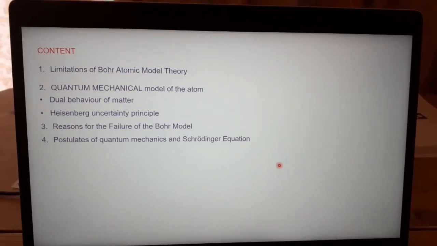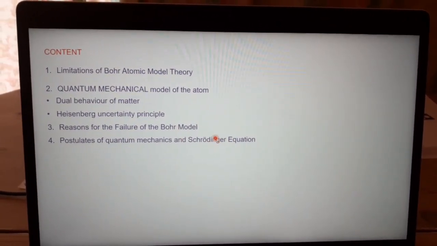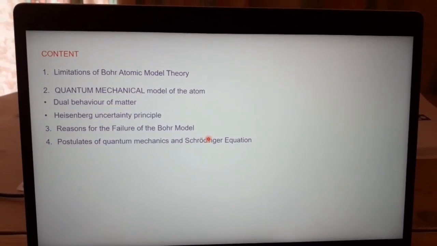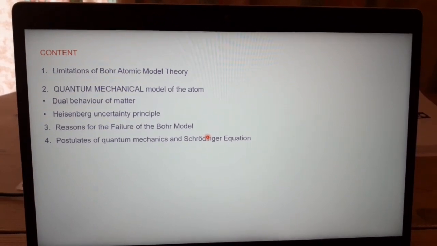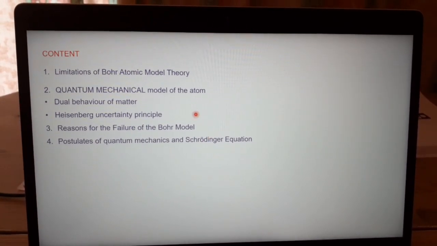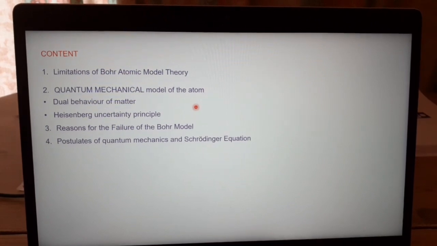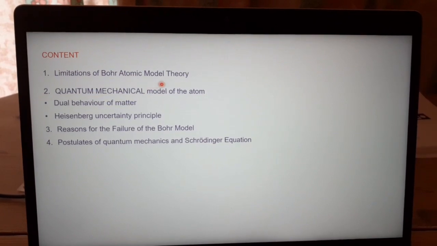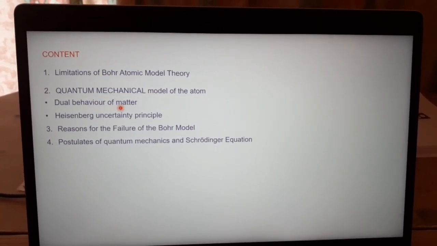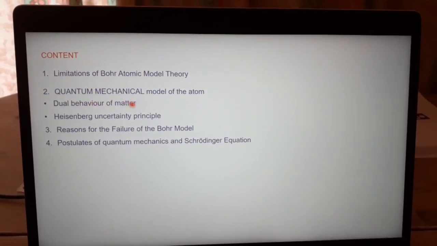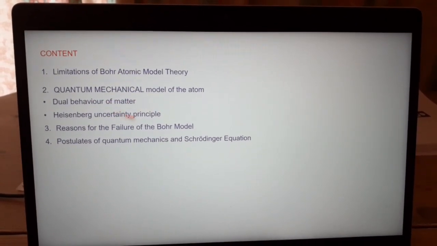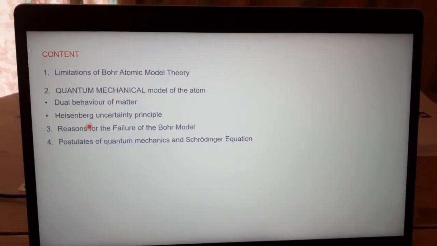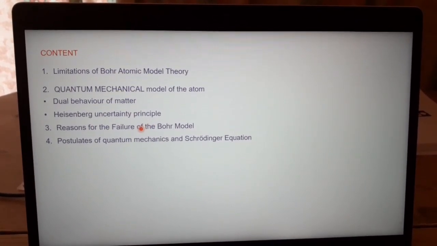So what is the content of this topic? As I told you before, I split this into different videos, and I will go through different sections of Unit 2 of your CBSE or ISC course. In this video on the atomic model, I will go through the limitation of the Bohr atomic model, and next I'll say something about the quantum mechanical model, where you will learn the dual behavior of matter, and then the Heisenberg uncertainty principle as well.